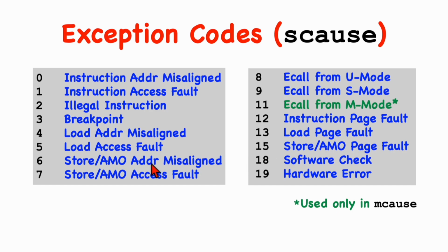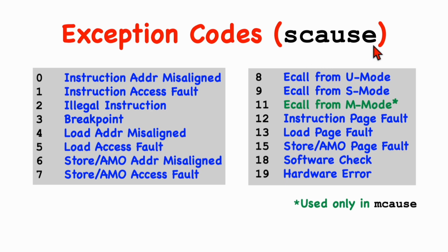And for stores, again, we have the same three. For a store instruction or an atomic memory operation, it could be misaligned, or there could be a memory problem, or we could have a page fault for store and atomic memory operations. If the hardware encounters a breakpoint instruction, it would cause a breakpoint exception. And if it encounters an eCall instruction, it can cause any one of these three exceptions, depending on what mode we're executing in.